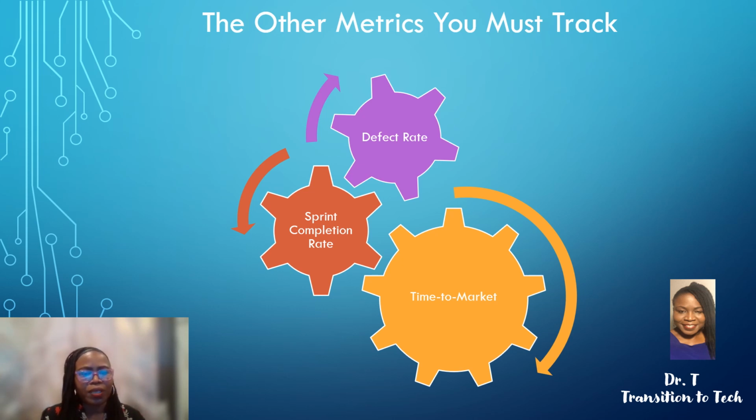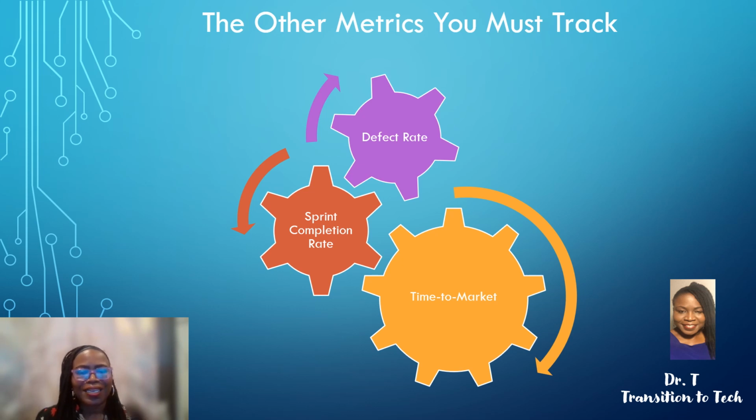But there are three other metrics that the Scrum Master needs to keep an eye on. Well, definitely from a lean management perspective. Okay, so let's talk about the defect rate.